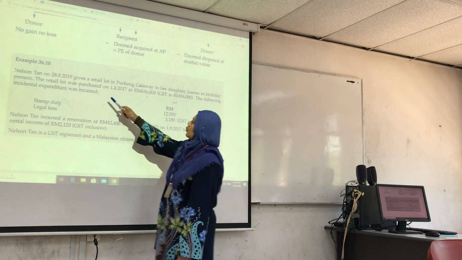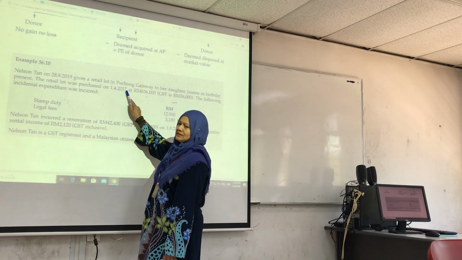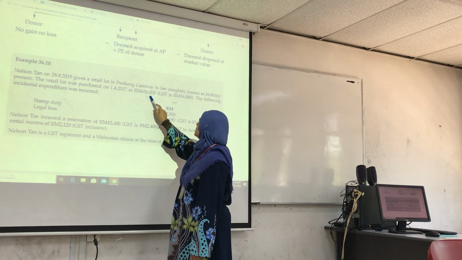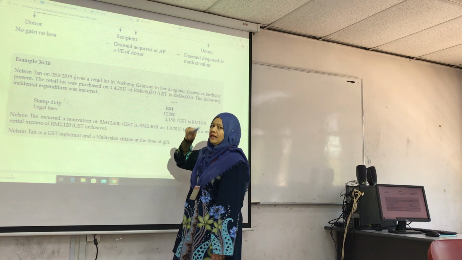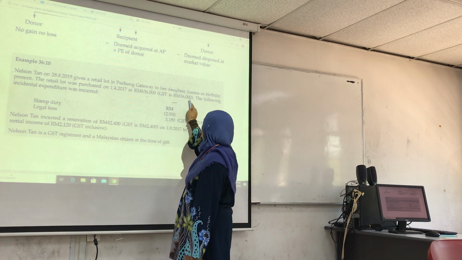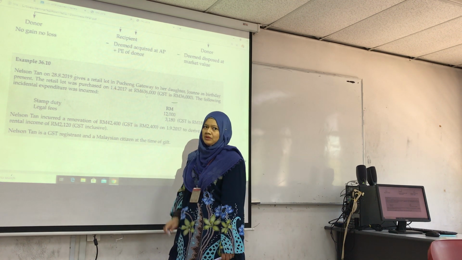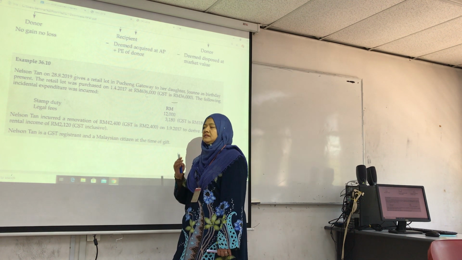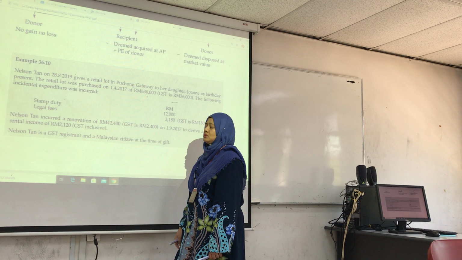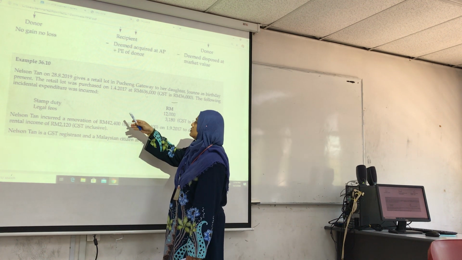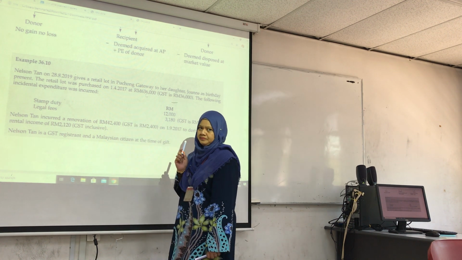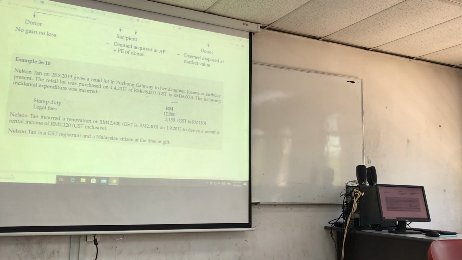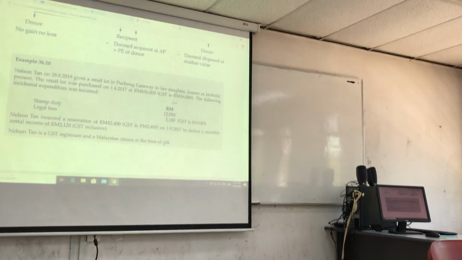So what is the acquisition price of the donor? The retail lot was purchased in 2017. So this one is the consideration paid, 636, GST 36. Under GST, you have to exclude the 36,000 because GST is not a cost. It's actually an amount payable to the government. So the cost of the house is only 600,000. So you have the AP of 600,000. Any other cost?